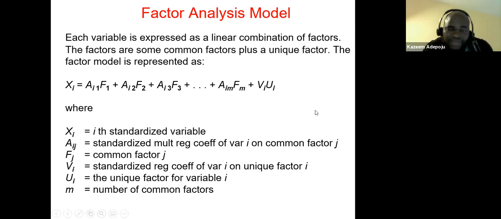And we have a vi right here, which is the standardized regression coefficient of variable i on unique factor i, while ui is the unique factor for variable i, and m is the number of factors that we have. So what I'm showcasing right now is what we call a factor analysis model. And every factor analysis model will enable you to express the input variable as a function of factors.